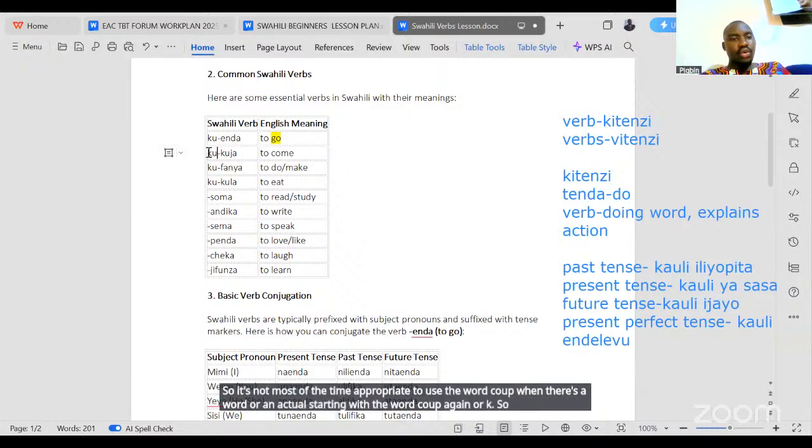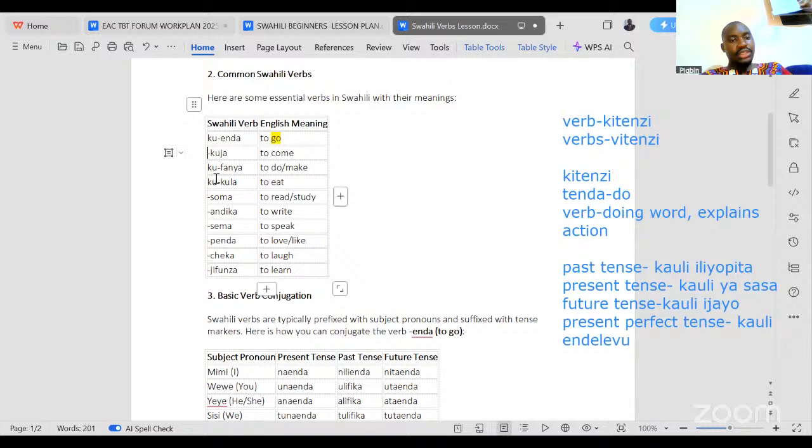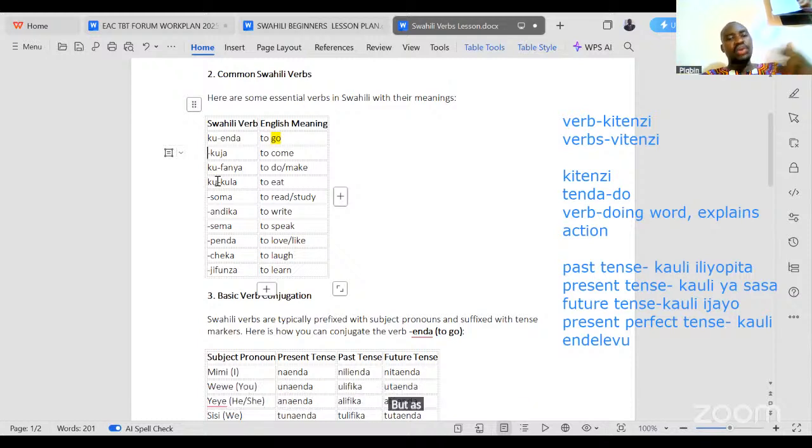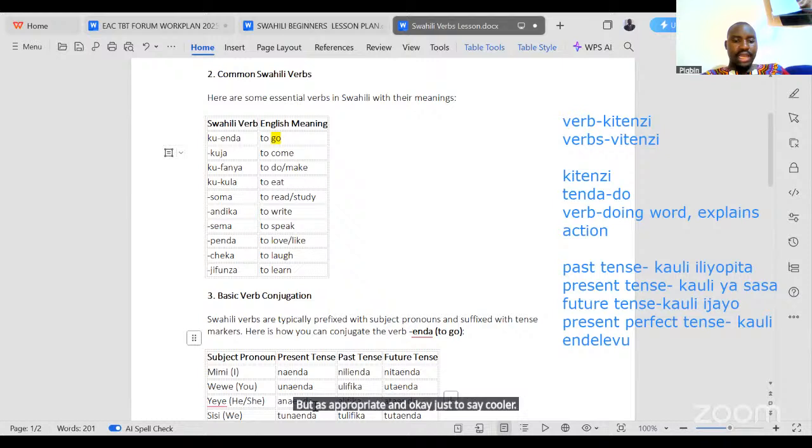That's why in kuja we'll not say kukuja, and in kula, which is to eat, we'll just say kula. We cannot most of the time say kukula, but it's okay just to say kula, and it implies that you mean eat.